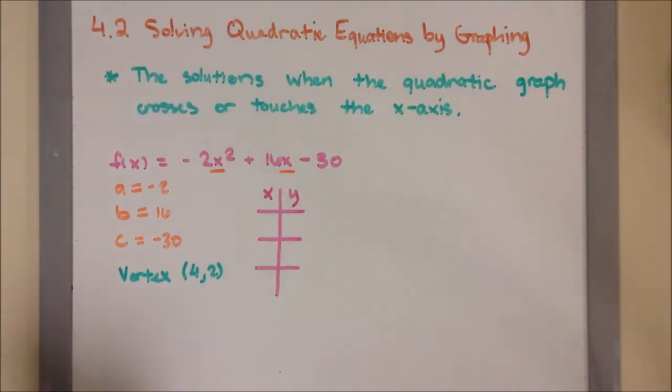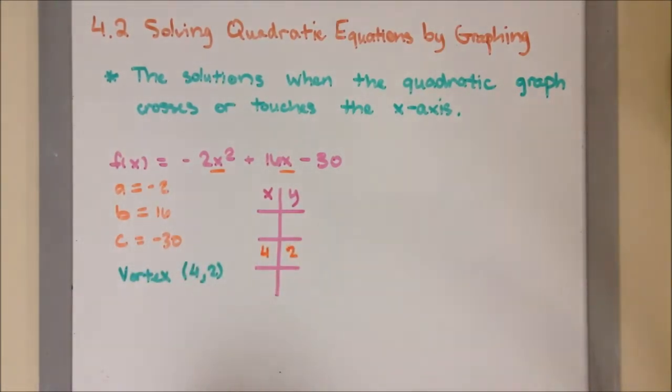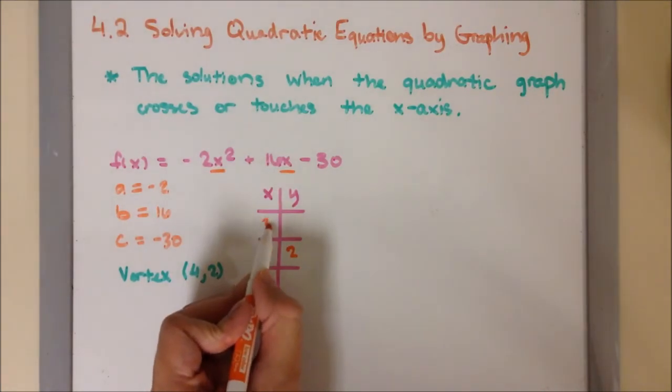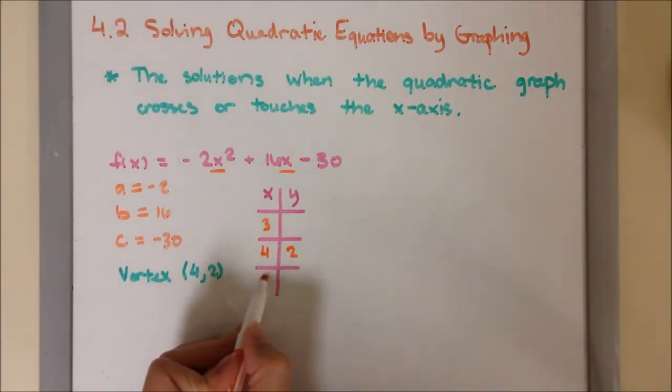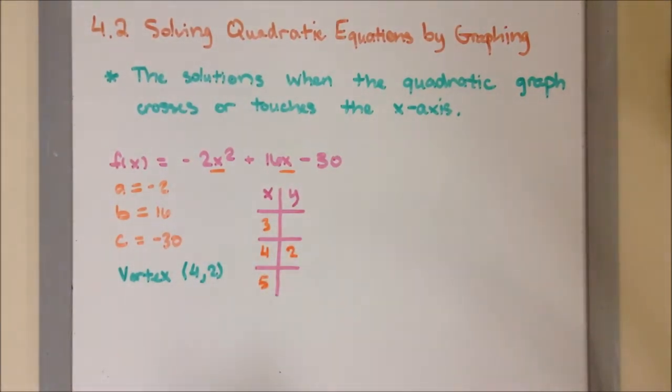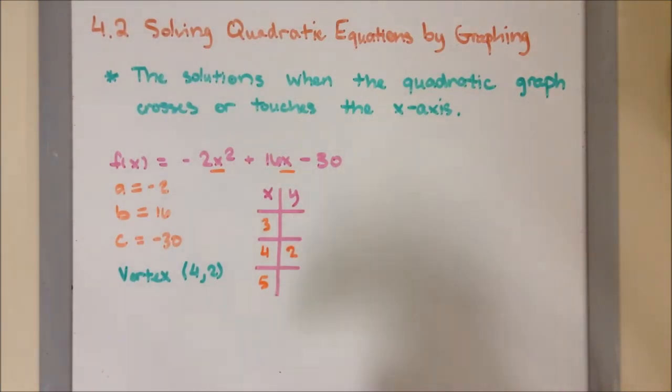So my vertex is the middle point, 4, 2. For my x values, I need one number from the left side, or one number less, which is 3. And then I need one number from the right, meaning one number higher than 4, which is 5. So we're going to find the y values for 3 and 5 by plugging into x. The first one, I'm going to do 3.